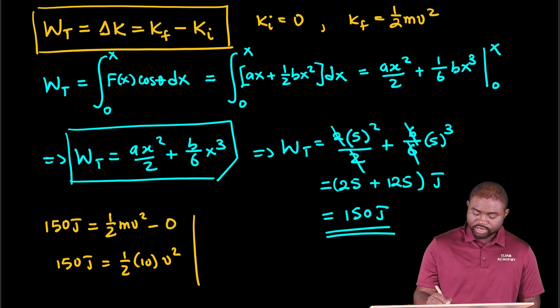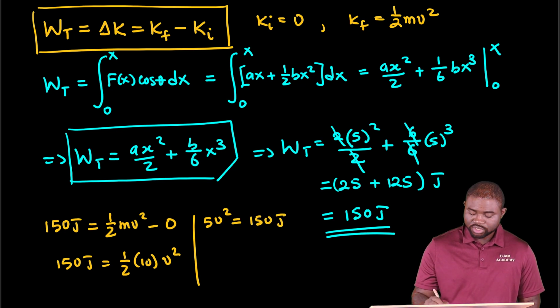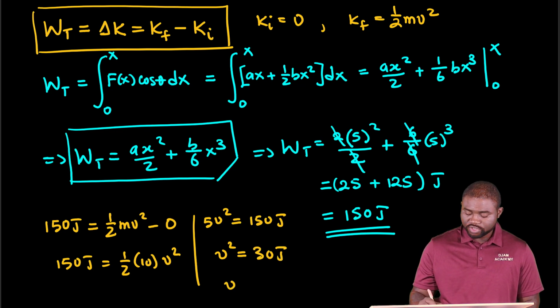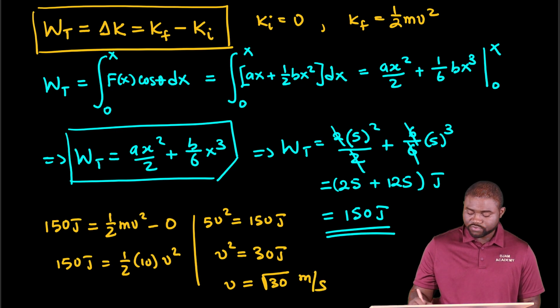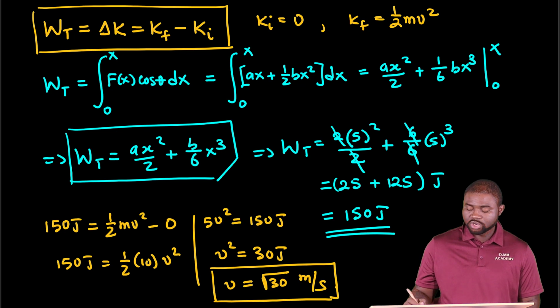So we can see that 5v squared will be equal to 150 joules. In other words, v squared is going to be equal to 30, and v is equal to the square root of 30 meters per second. So this is the speed of the box at x equal to 5.